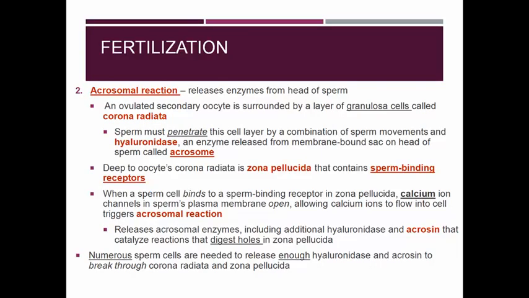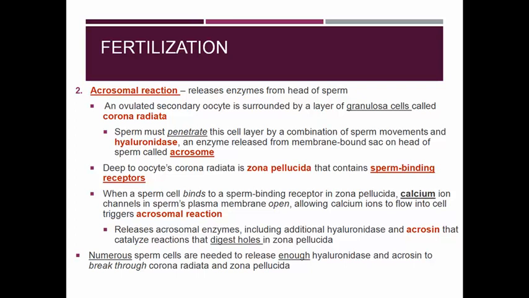The second thing that has to happen before that sperm can actually get in is an acrosomal reaction. So this is, again, the head of the sperm has the acrosome. You know that the secondary oocyte is there. It has several layers around it. One of the big layers is the granulosa cells called the corona radiata, that the sperm has to penetrate this layer.